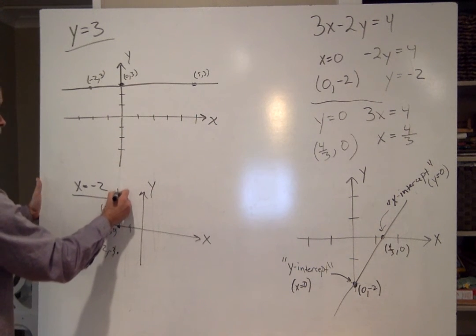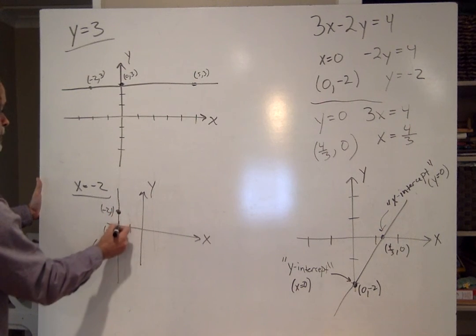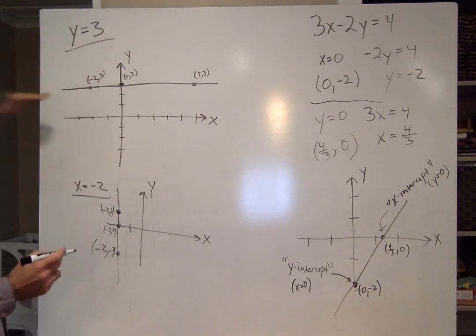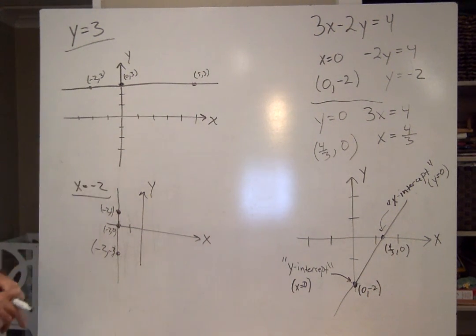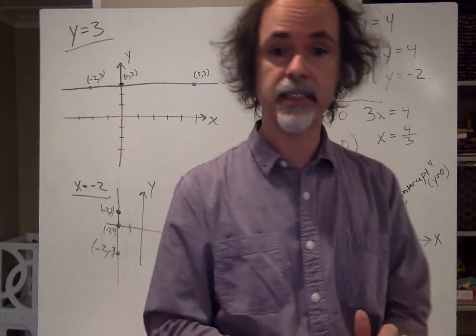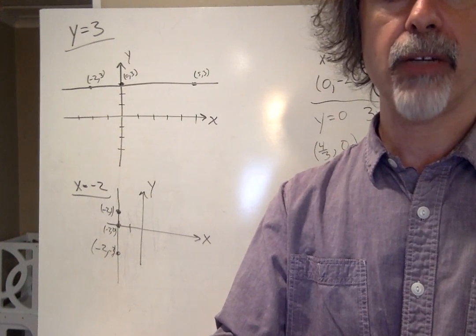I get a vertical line. So if it's y equals a number, you get a horizontal line. If it's x equals a number, you get a vertical line. It's really the only trick in this section. Okay. Next video, next section.